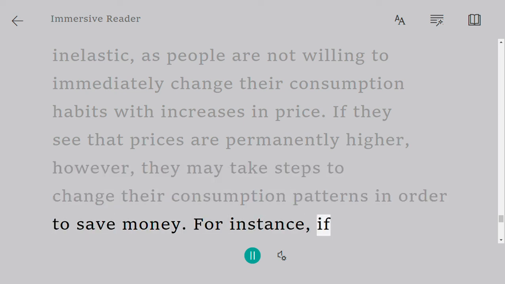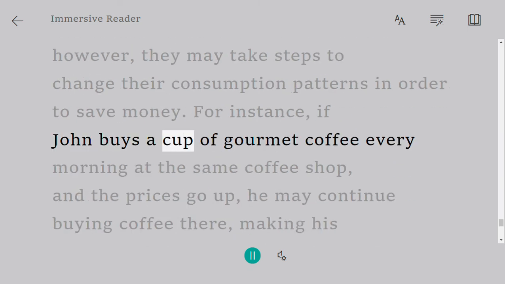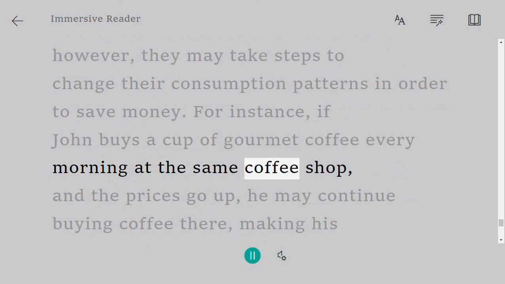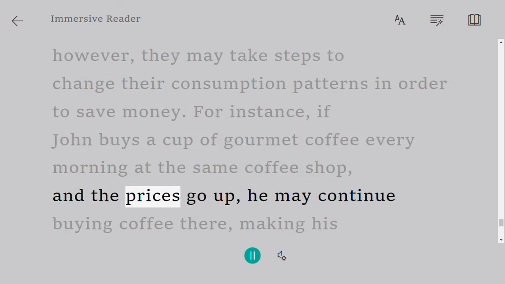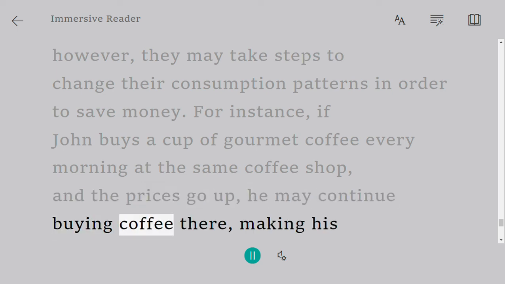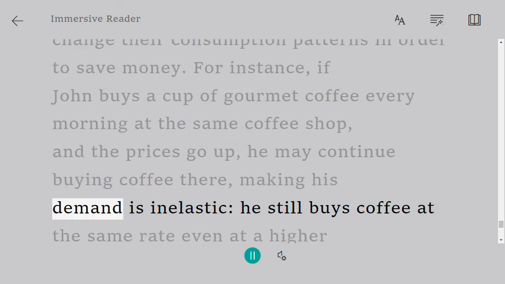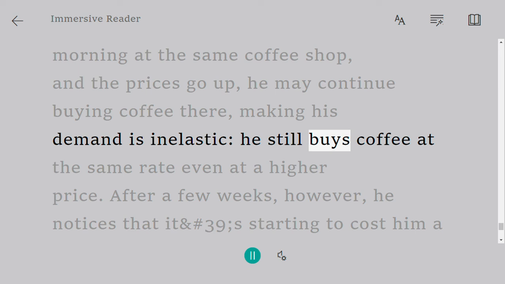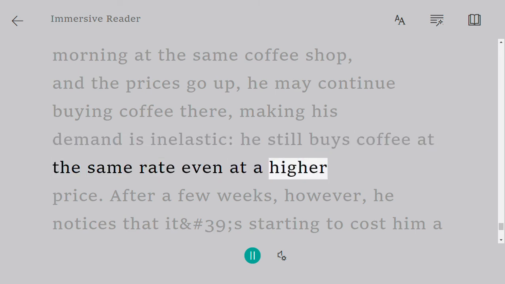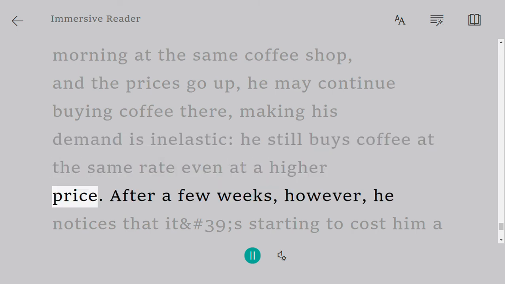For instance, if John buys a cup of gourmet coffee every morning at the same coffee shop, and the prices go up, he may continue buying coffee there, making his demand inelastic. He still buys coffee at the same rate even at a higher price.